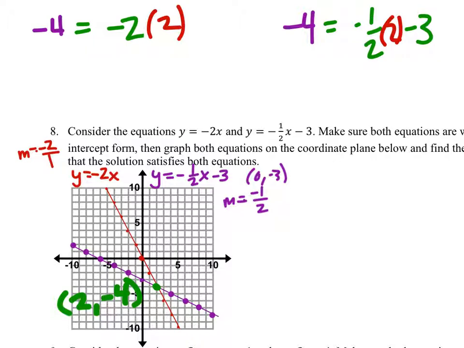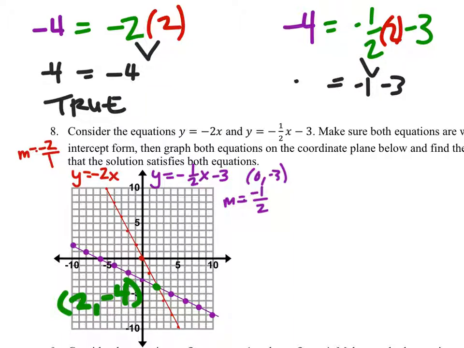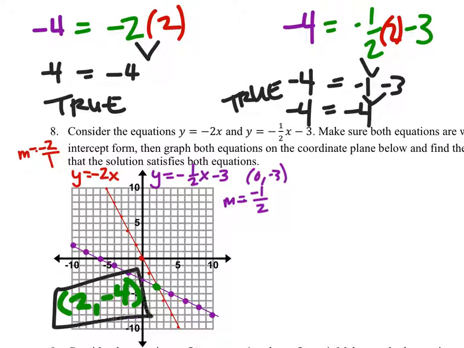So solving these, -2 times 2 is -4. This one is true. What about the next one? -1/2 times 2 is -1, minus 3 should equal -4. Well, then we got -1 minus 3, which is -4, which does equal -4. That's true as well. Therefore, we know that this answer is correct.